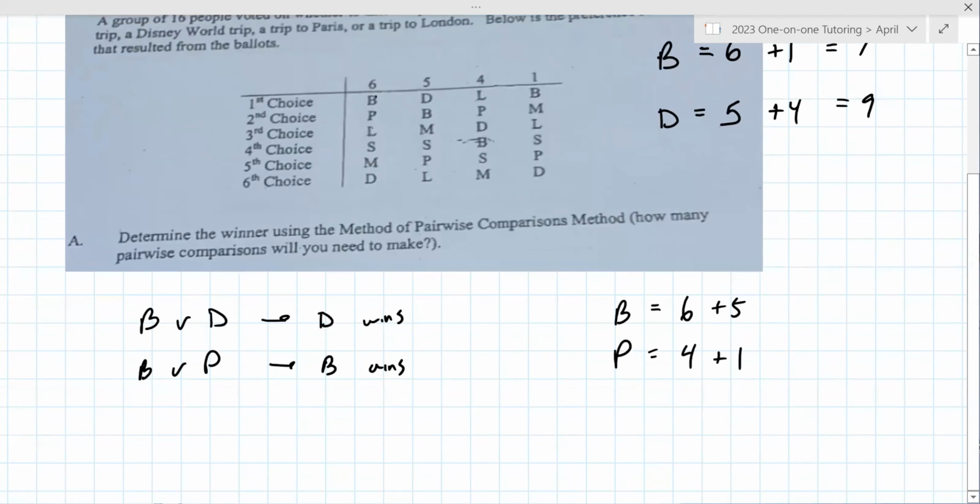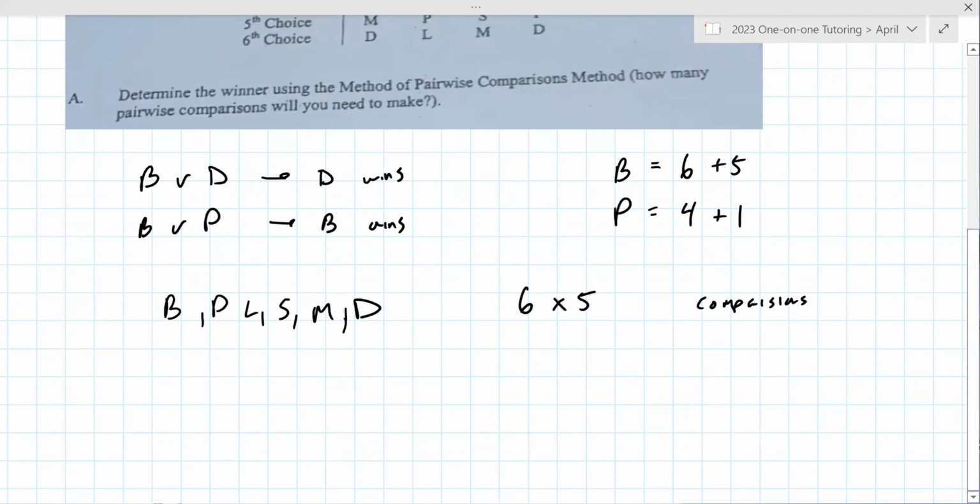It looks like there's 1, 2, 3, 4, 5, 6 letters: B, P, L, S, M, and D. So there are 6 times 5 comparisons. And the reason it is that number is because 6 is the total. So you choose one, and then there's one less that could go here.